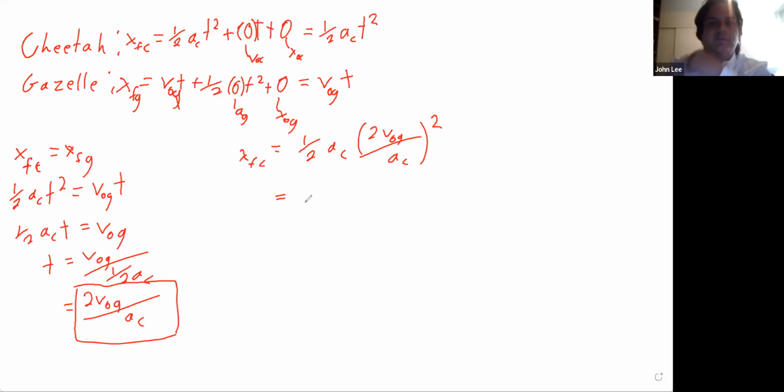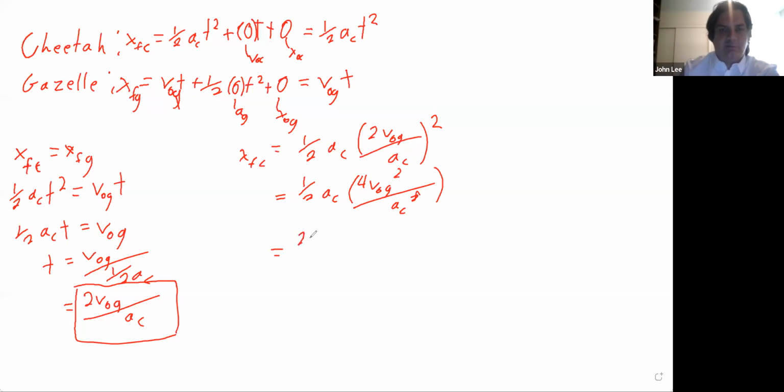And that's going to give you 1/2 AC times 4 V naught G squared over AC squared, which is just going to be equal to 2 V naught G squared over AC.